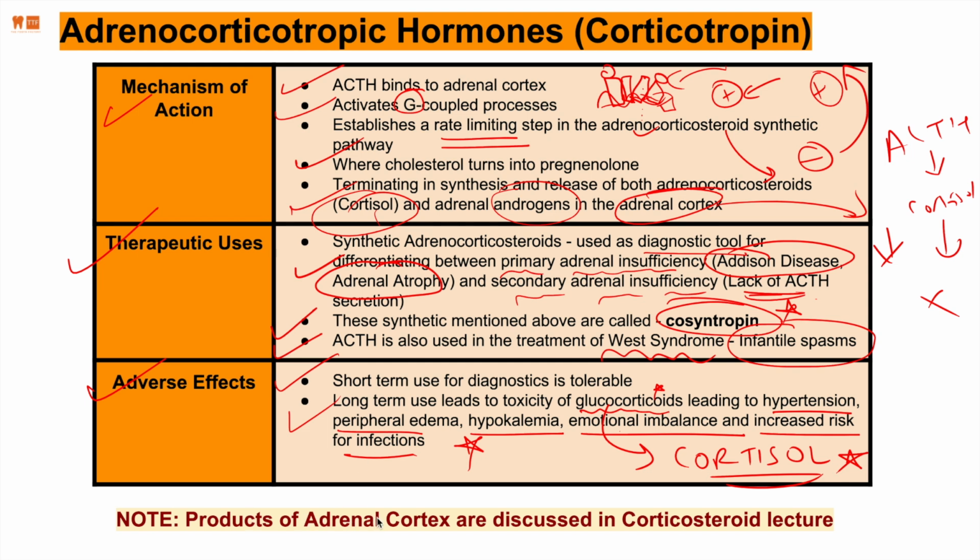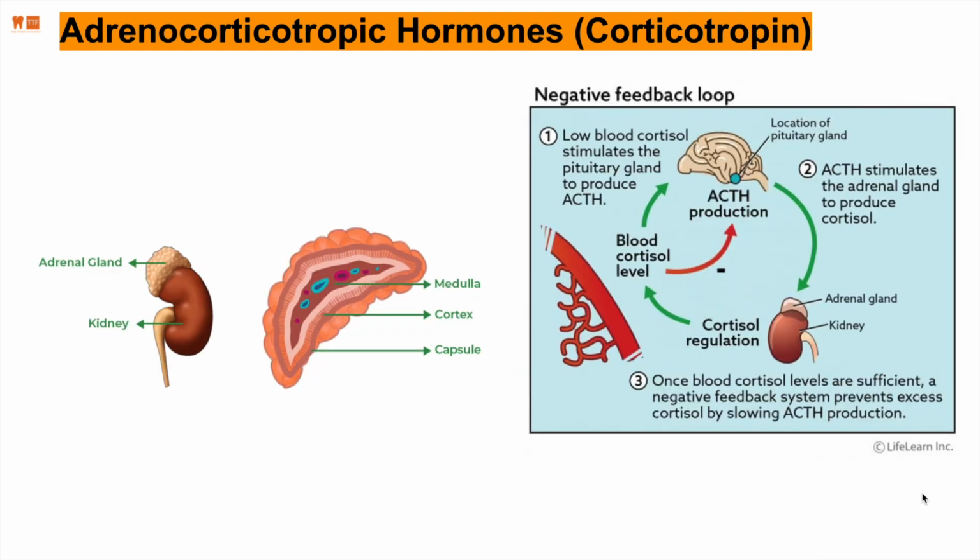The products of the adrenal cortex will be discussed in the corticosteroid hormone lecture. Basically, we'll talk about it in the next lecture in much more detail, so don't worry about that. This lecture, we're going to focus on the functions of hypothalamus, pituitary, and thyroid. Okay, so as we now have mentioned that kidney and adrenal gland are associated, the adrenal gland rests on the kidneys, left and right both.